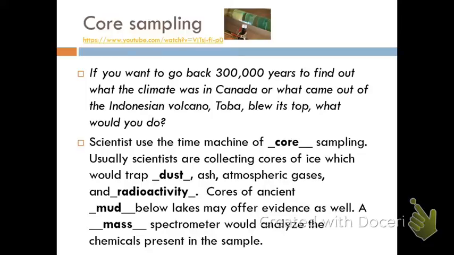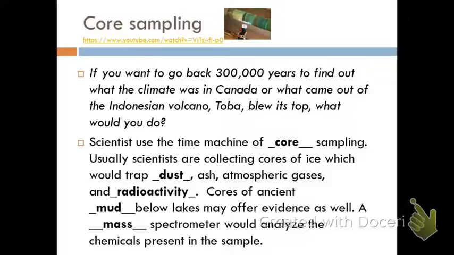Now, another way we've talked about finding out about the environment with time is core sampling, and we mentioned that there are 2 types of core sampling. We talked about earlier this week about ice cores. There is also mud, and you go to, say, Crater Lake, which is in the top of a volcano, and remove a core of mud.